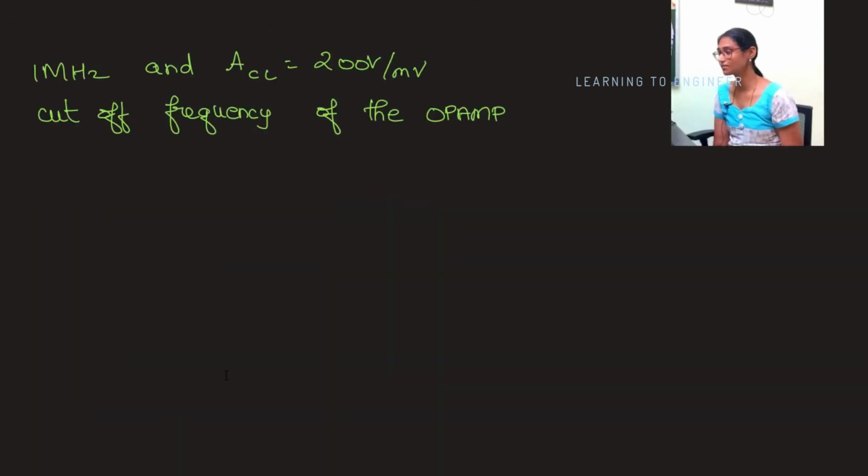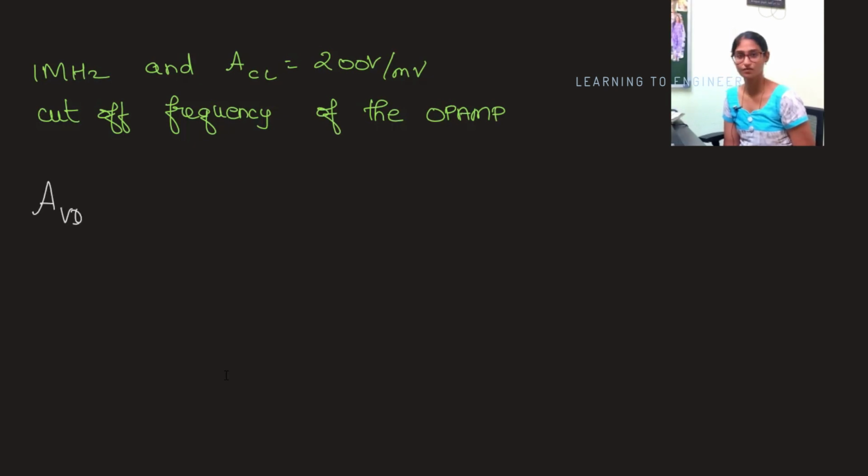If the unity gain bandwidth is 1 megahertz and the closed loop voltage gain is 20 volt per millivolt, what is the cutoff frequency of the op-amp? We saw that the unity gain frequency is equal to the voltage gain times the cutoff frequency. What is asked is the cutoff frequency. So the cutoff frequency is the unity gain frequency divided by AVD.